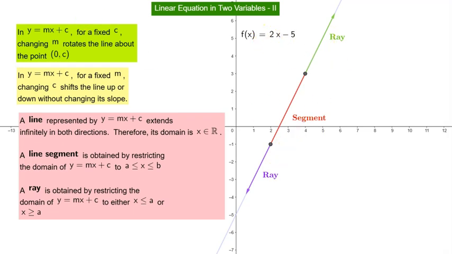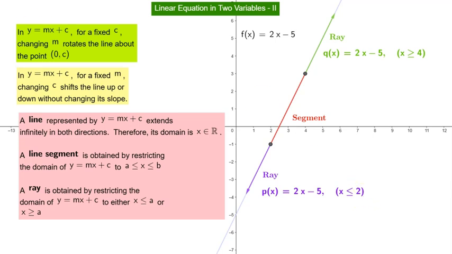If we have a line, its domain is all real numbers. If we talk of a ray, then its domain gets restricted. Here, x is greater than or equal to 4. So that means all real numbers greater than or equal to 4. Similarly, here, again, the domain gets restricted for a ray.